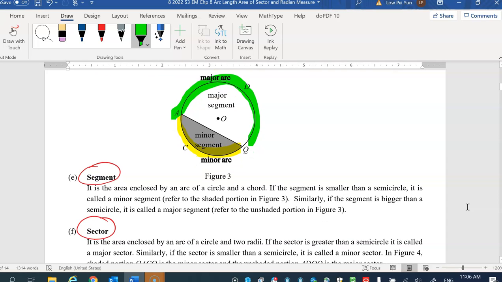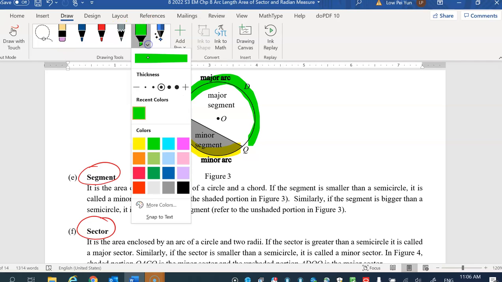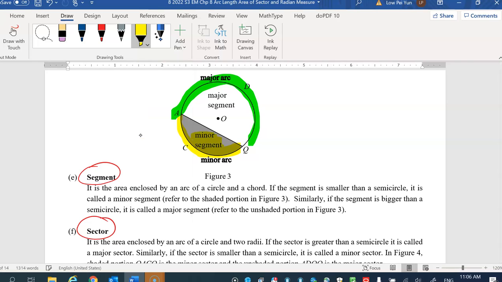Well, segment, as you can see, is the area formed by the arc and the chord in the circle. So over here, you have two segments. One is the minor segment, which is smaller than the semicircle, and let me highlight the minor arc, the minor segment.